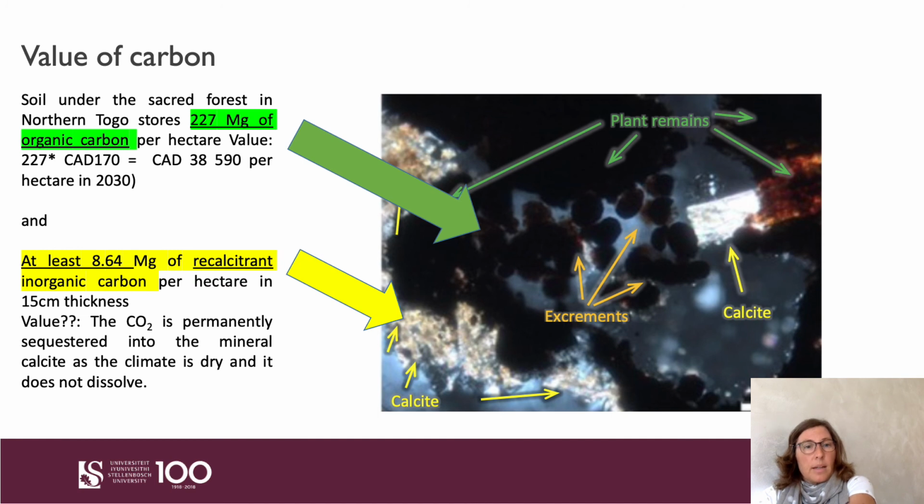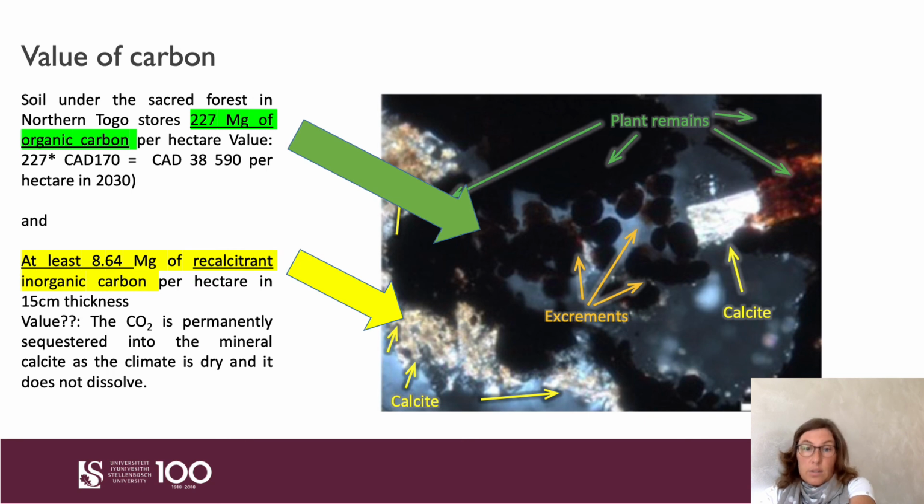But there also is nearly 9 tons of recalcitrant inorganic carbon that has been derived from this organic carbon that is fixed into the soils per hectare for 15 centimeters thickness.